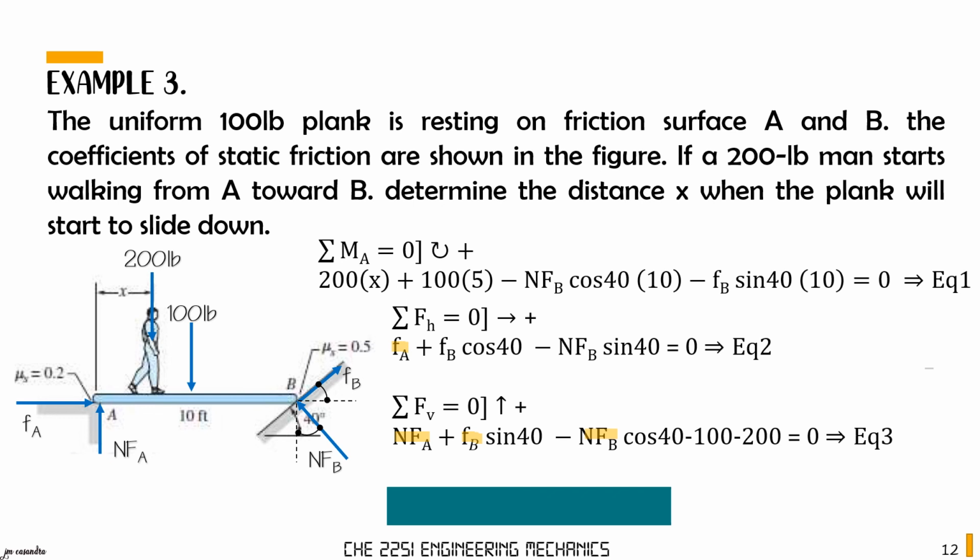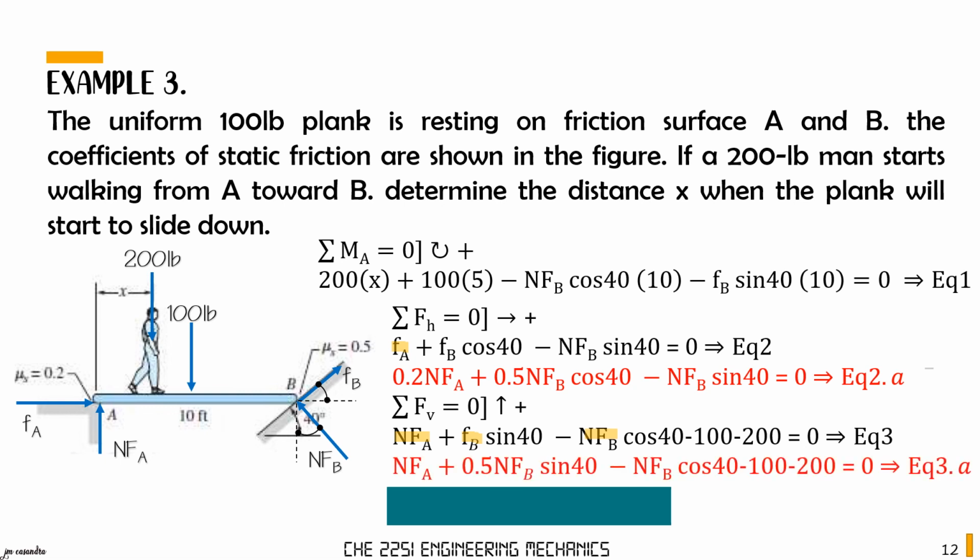So we have 4 unknowns, but we know your coefficients of friction, so we apply now 0.2 times NFA plus 0.5 for B, and then this becomes 2A. So for equation 3, substitute coefficients of friction.